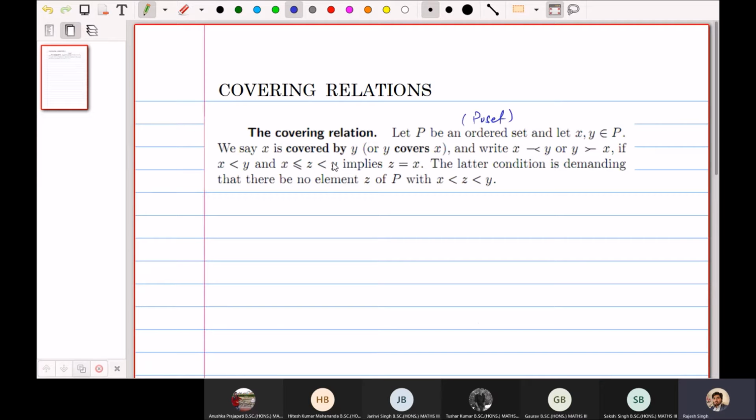So if such a thing happens, then we say that X is covered by Y or Y covers X.